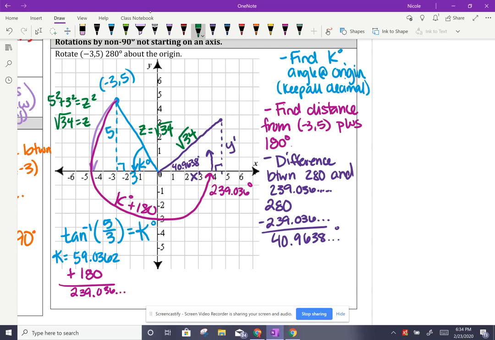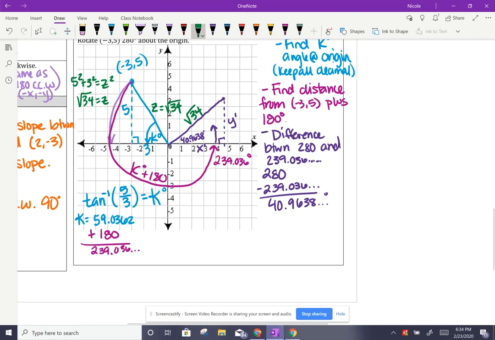So if I have an angle and I have the hypotenuse, how can I go about finding x and y? Well, we're just going to use trig. So to find x and y, I'm going to set up cosine and sine. Again, we're going to use this entire angle of 40.9638756532, however long it is.